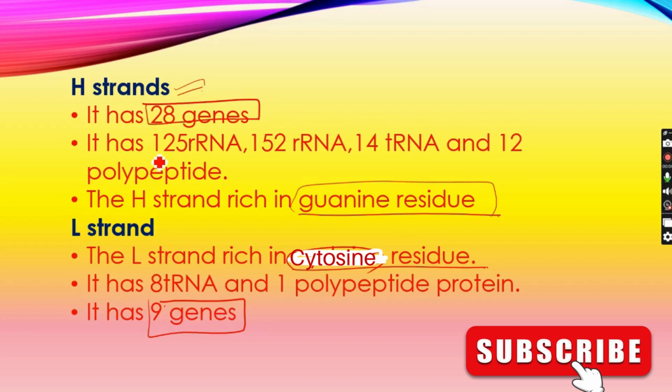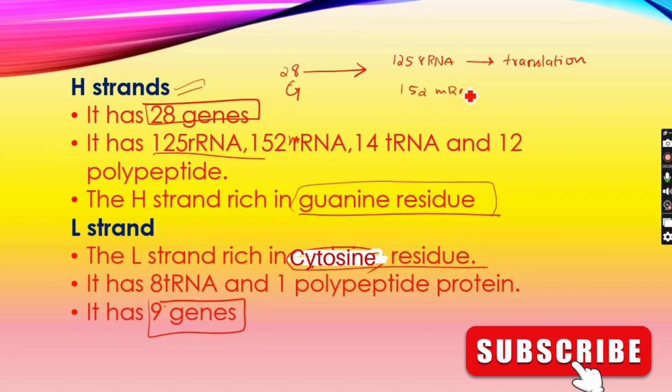The heavy strand has rRNA, about 2 rRNAs. It can produce from 28 genes, which have more guanine residues, 2 rRNAs, which are helpful in translation. That means more proteins can be produced through the heavy strand, and 14 mRNA, here I made a mistake, 14 tRNA.